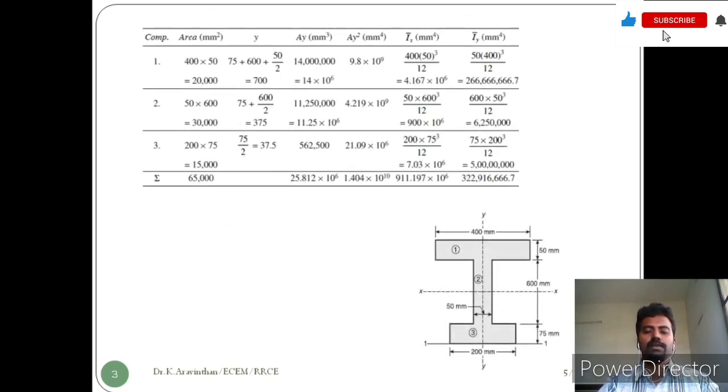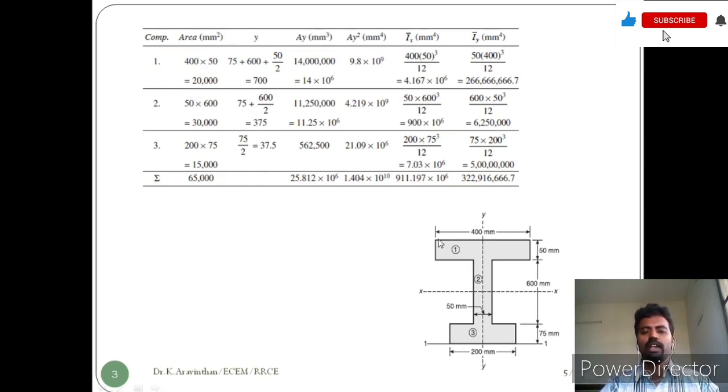Let us solve this. First we have to identify the centroid. How to identify? Sum of area into distance divided by sum of area. So this is the formula for identifying that. Let us make a tabular column here, and we are having 3 components. For each individual component, let us identify the area.